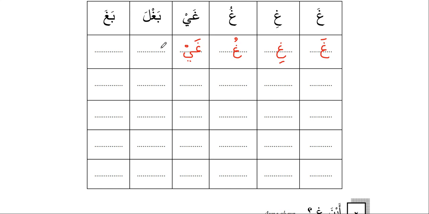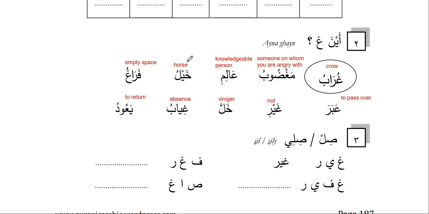Ghay and baghla. Bagh, make a knot, and then lam. Baghla, the only difference is the dot. And bagha, ba, gha, bagha. So it's the same, no need to make any changes, just only a dot here.